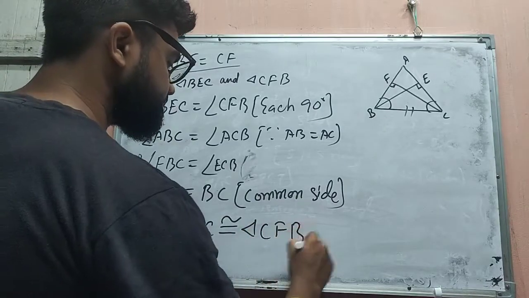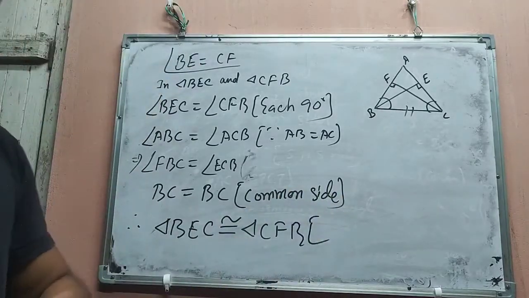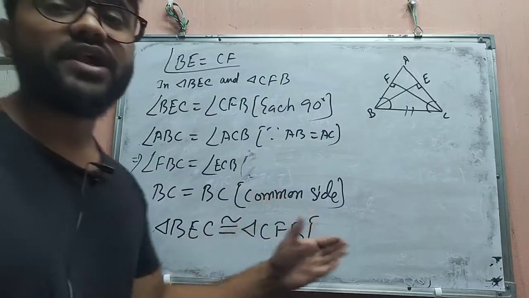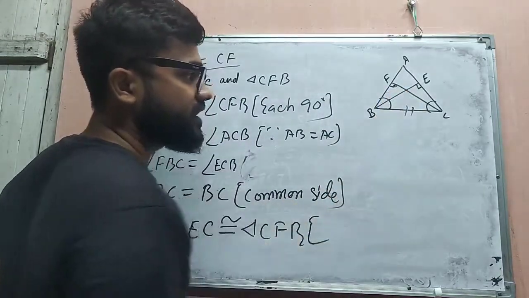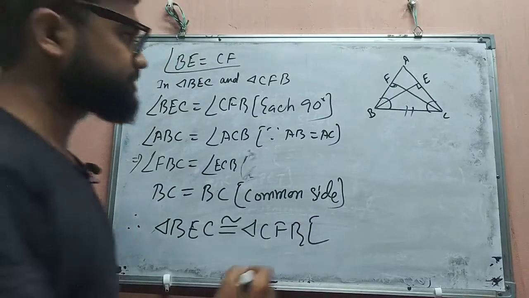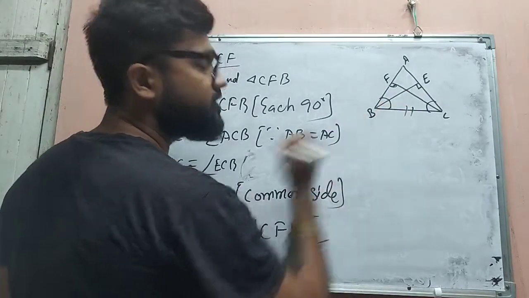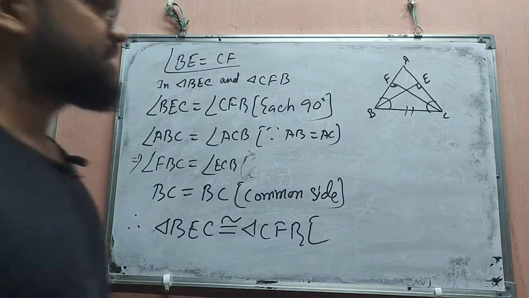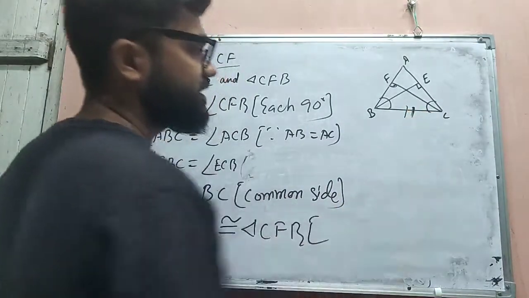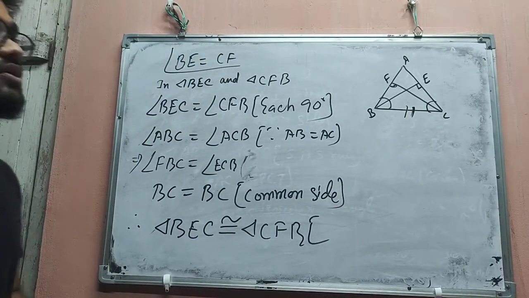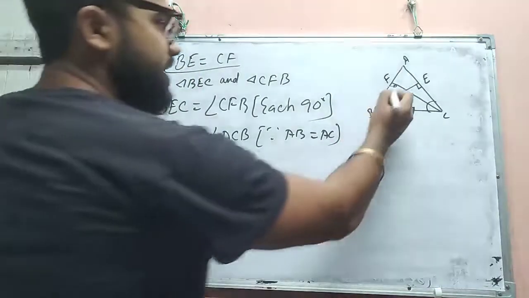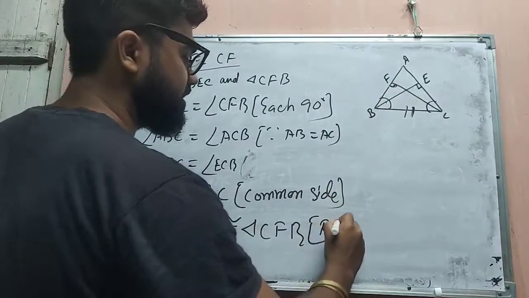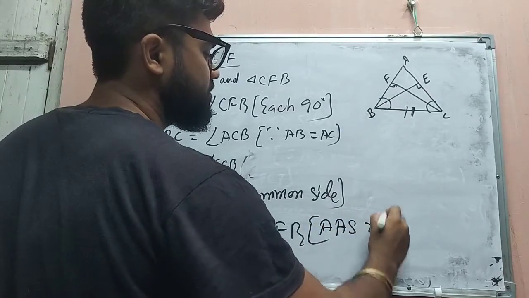Now many of you have a doubt about what condition we are applying here. See the pattern: it is an angle, and it is also an angle. Secondly, we are using a side. That means angle, angle, side, the AAS rule.